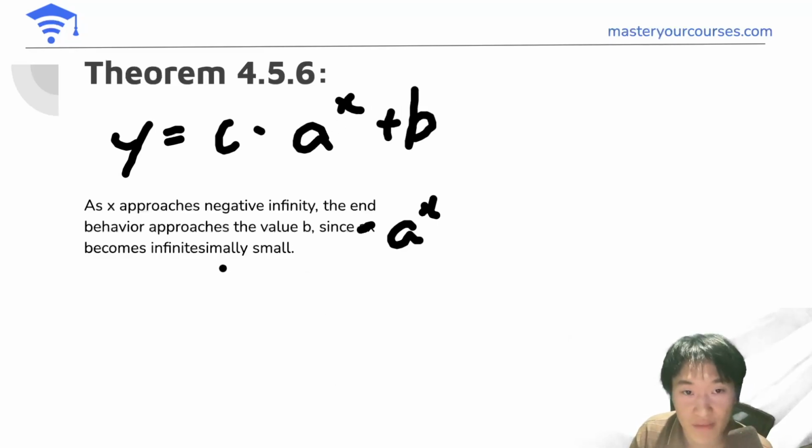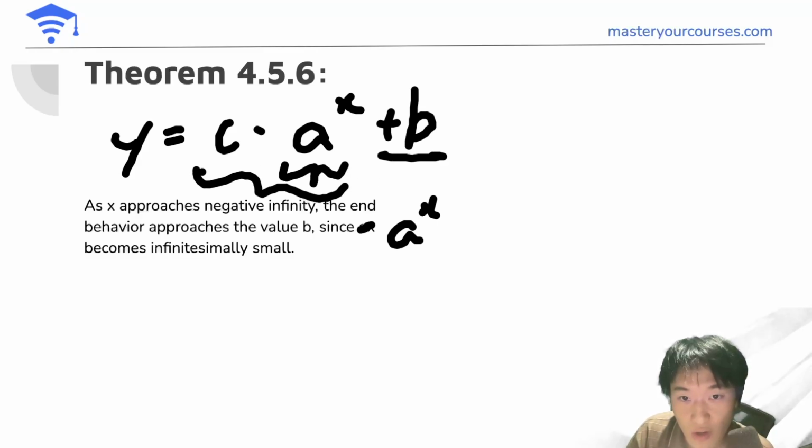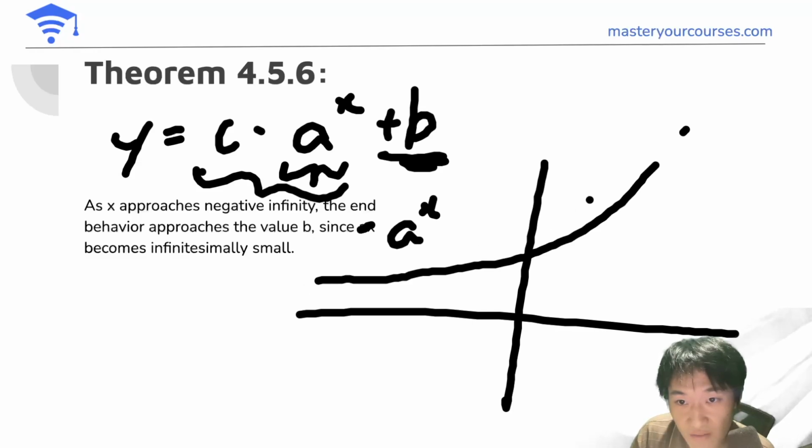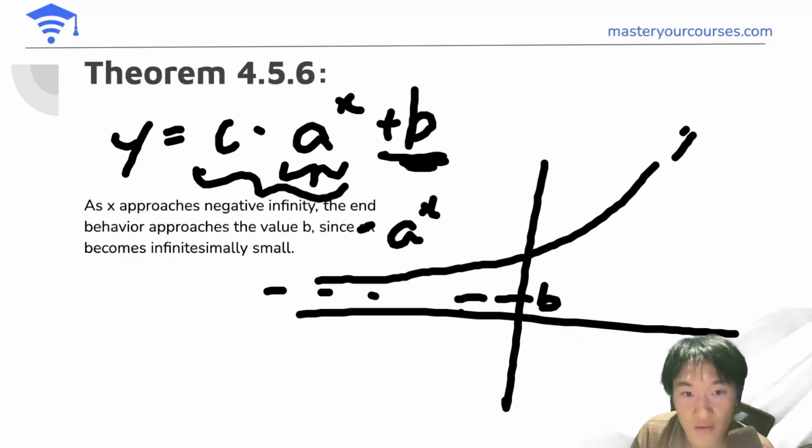So what's the end behavior? Well, this term gets close to 0. So this whole term gets close to 0. So all that's left is this b value. So you might get something like this, where we're getting very, very close to some value, which is b, right here. Okay?